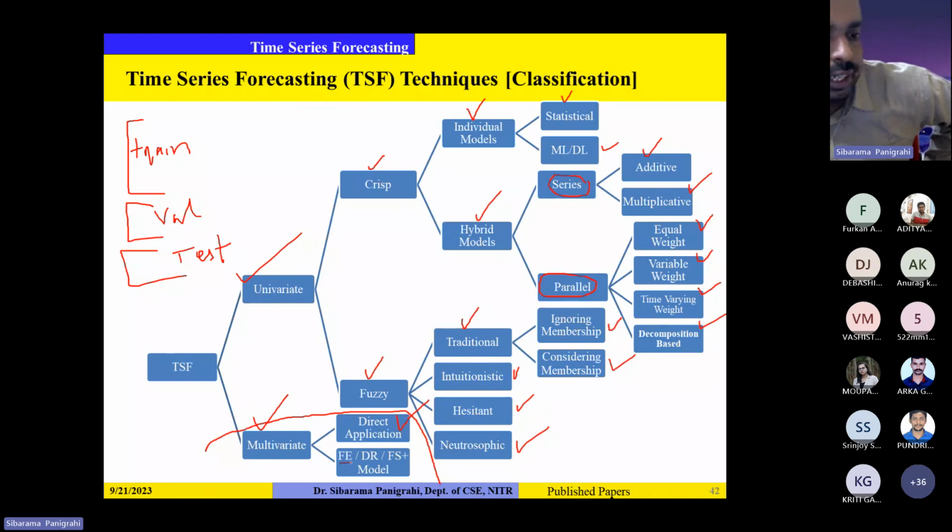Another thing, you can use FE. FE means feature engineering, right? Suppose you are having 5 features, 5 independent variables. You can extract new features from these independent variables. You can give these 5 independent variables as input to the deep learning model, then set the target as your dependent variable.